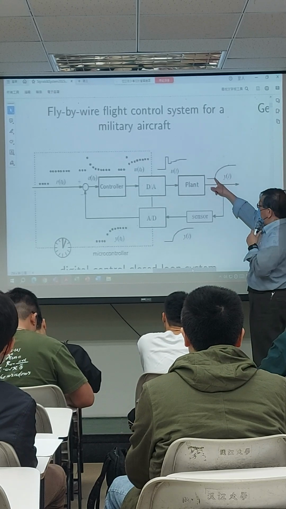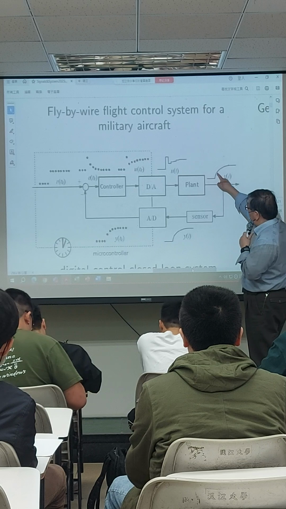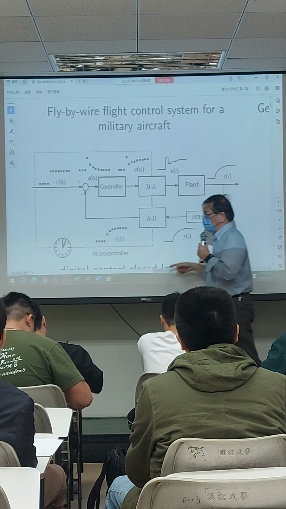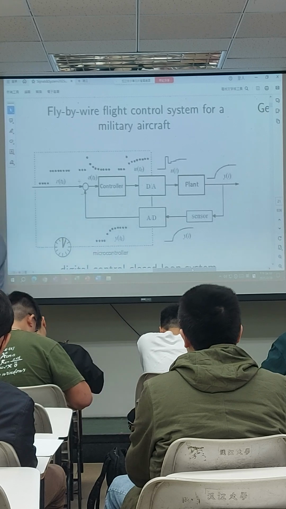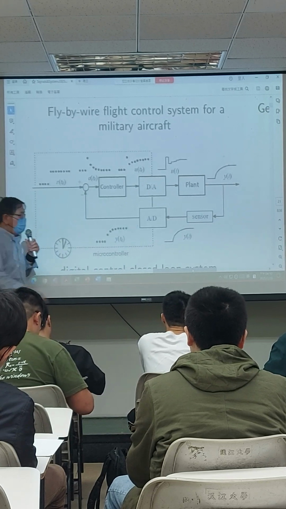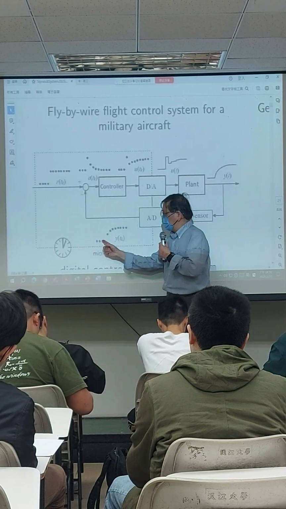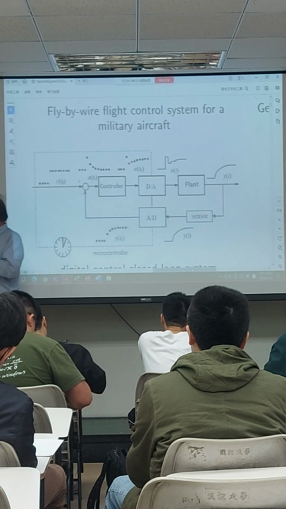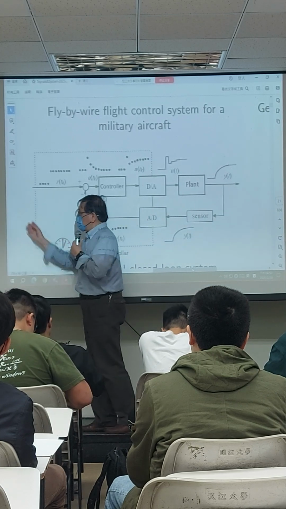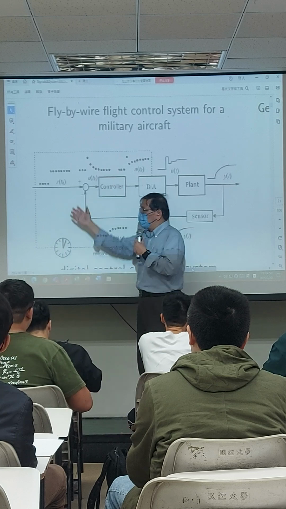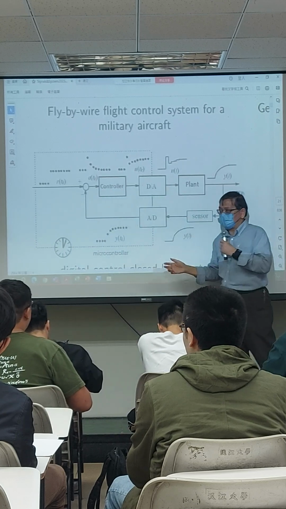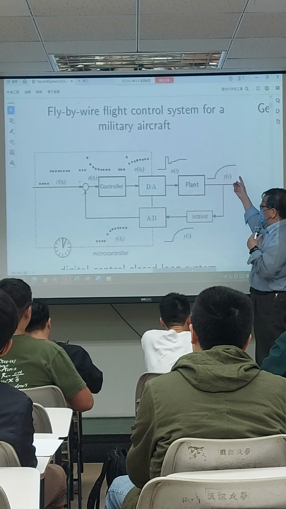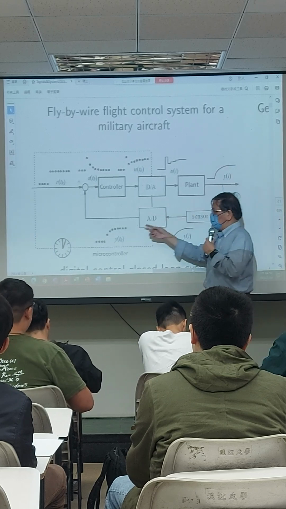Again, this is a curve, right? A solid curve represents that the signal is continuous. Continuous signal. And the dots, they are the discrete signals. So in general, for a computer control system, you are going to deal with both continuous signal and discrete signal.